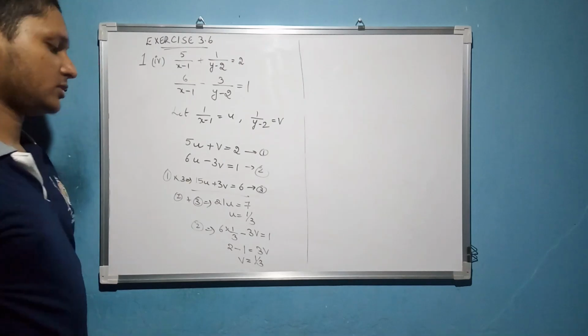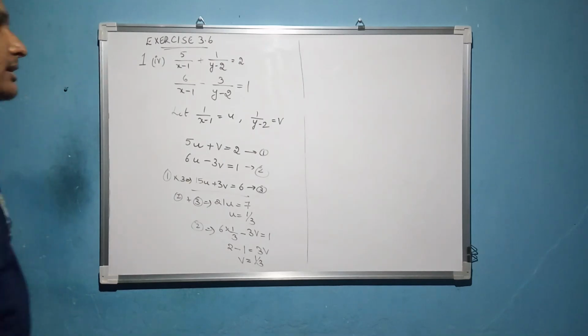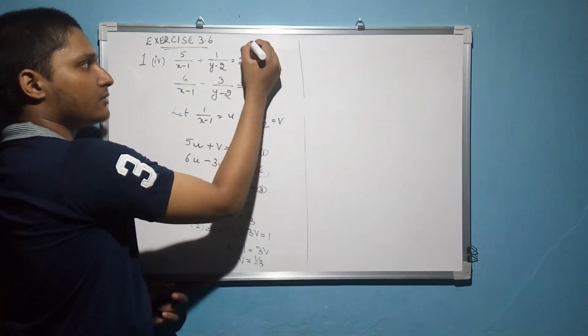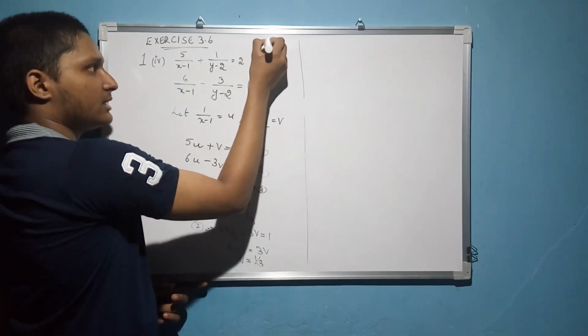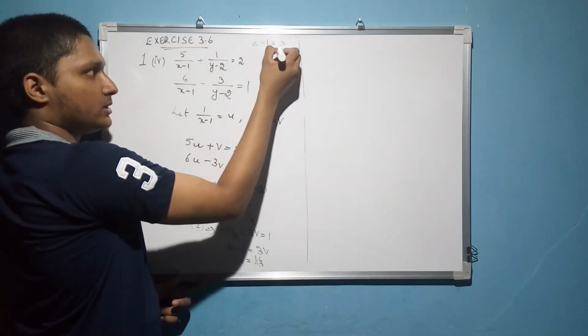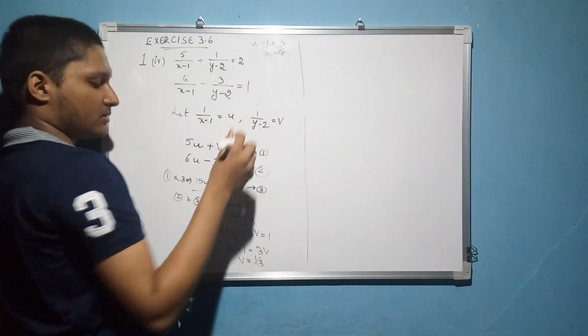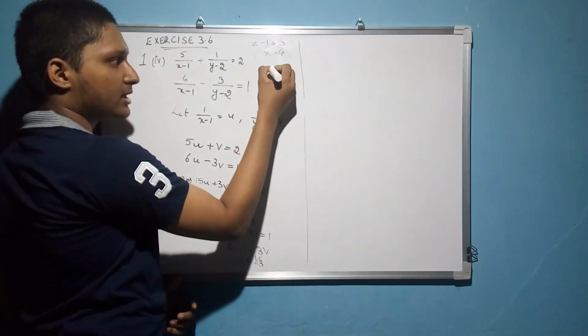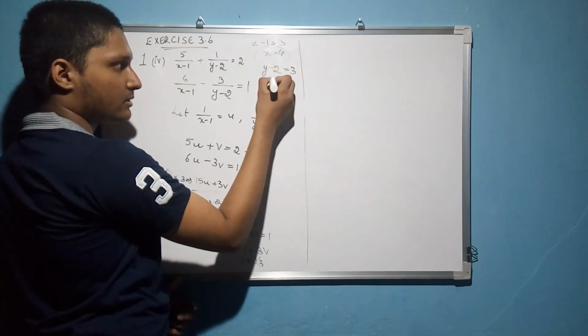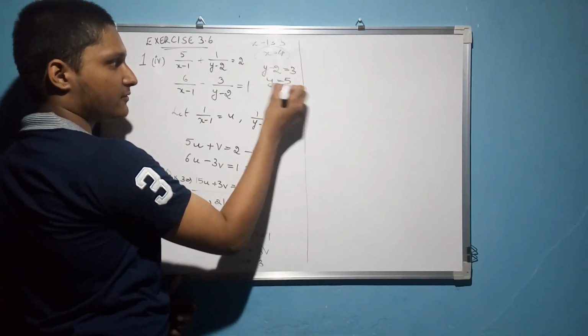But x and y are not going to be the same. You have 1 by x minus 1 is equal to u. Therefore, x minus 1 is going to be equal to 3. Therefore, x is equal to 4. Now we have y minus 2. y minus 2 is equal to 3. Therefore, y is equal to 5.